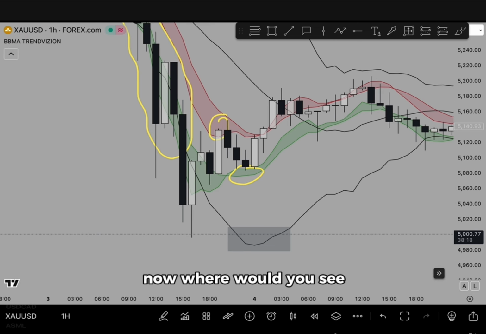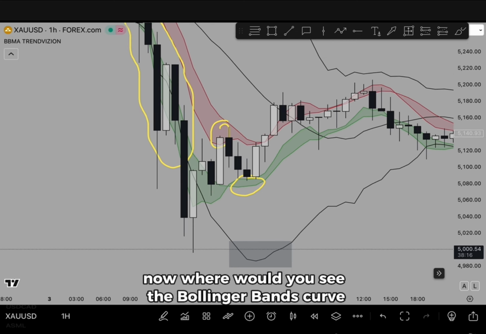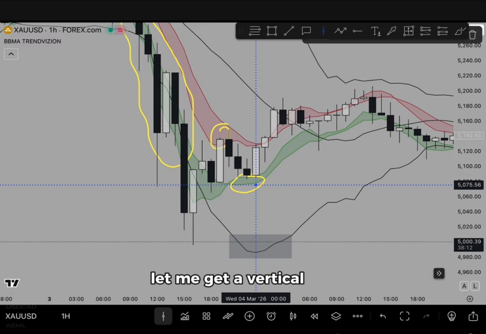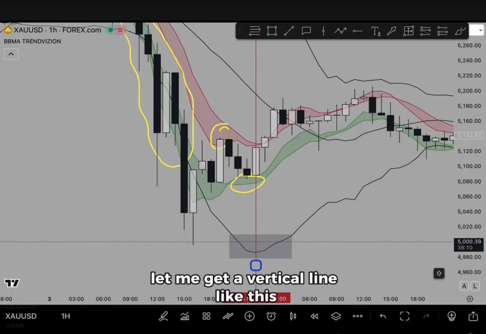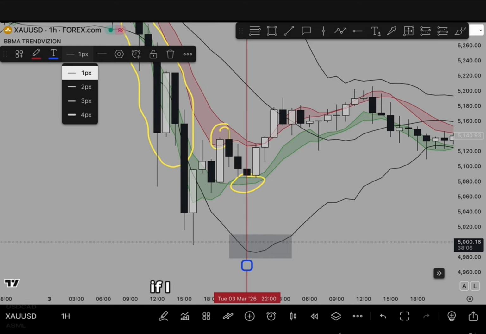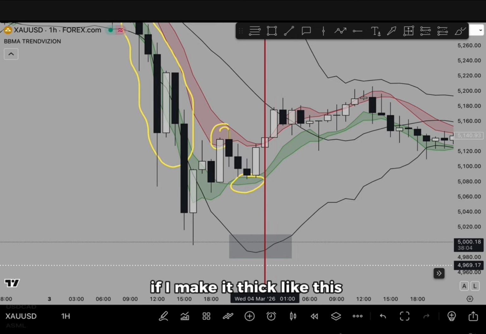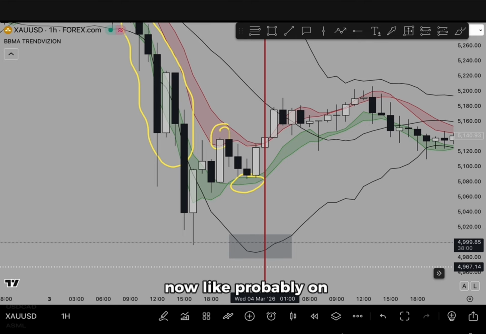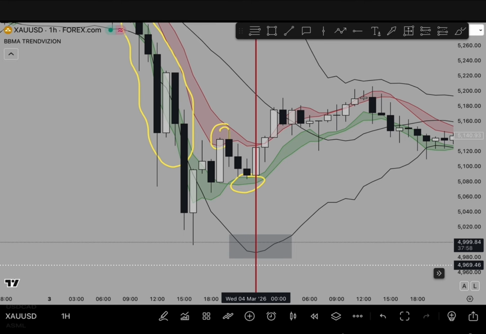Now, where would you see the Bollinger Bands curve in real time? Let me get a vertical line like this, the red one. I'm going to make it thick so you can see it a little better.